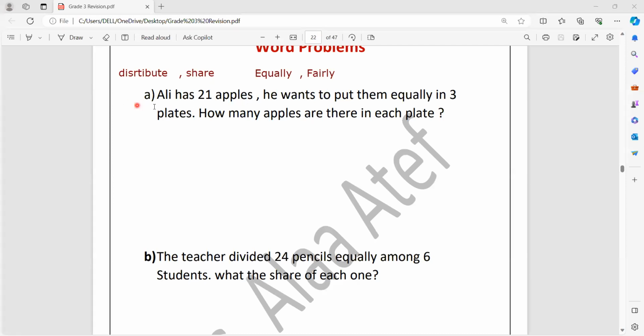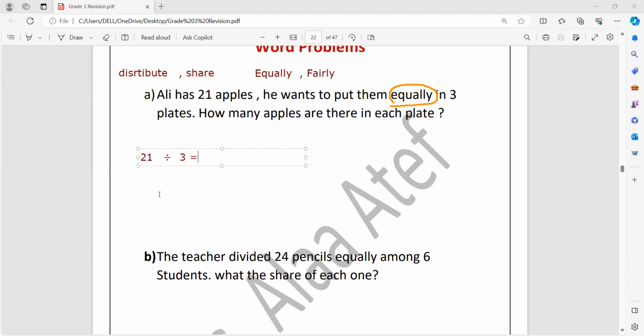Like here, Ali has 21 apples. He wants to put them equally. Don't forget, we have here the word equally. In 3 plates. How many apples are there in each plate? So the total number is 21. So I am going to write that we have 21 and I want to distribute them among 3 plates.